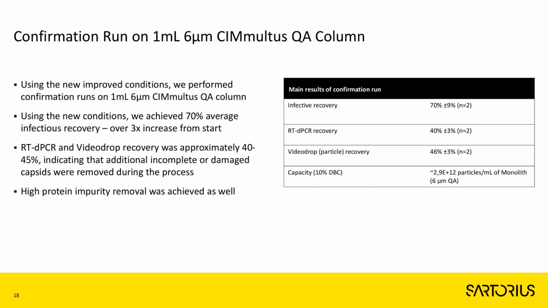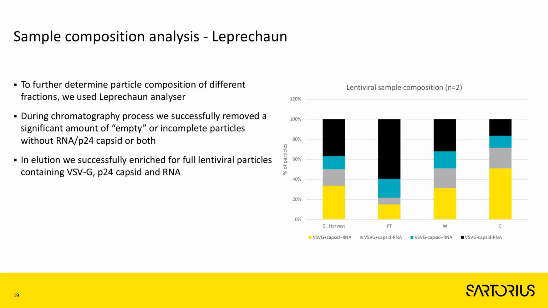However, we were also interested to look a bit more into what the particle composition of the different samples looks like. As such, we decided to use Leprechaun, which is a machine that basically enables the determination of particle compositions of different fractions.